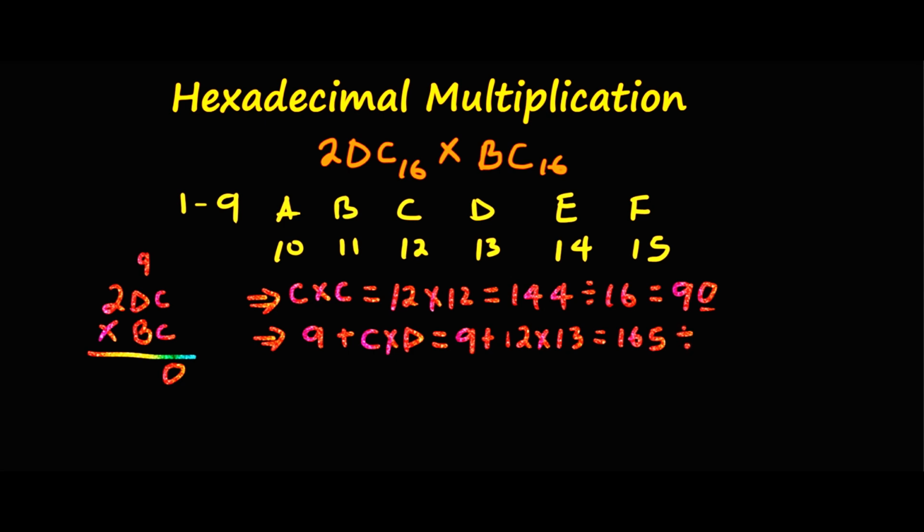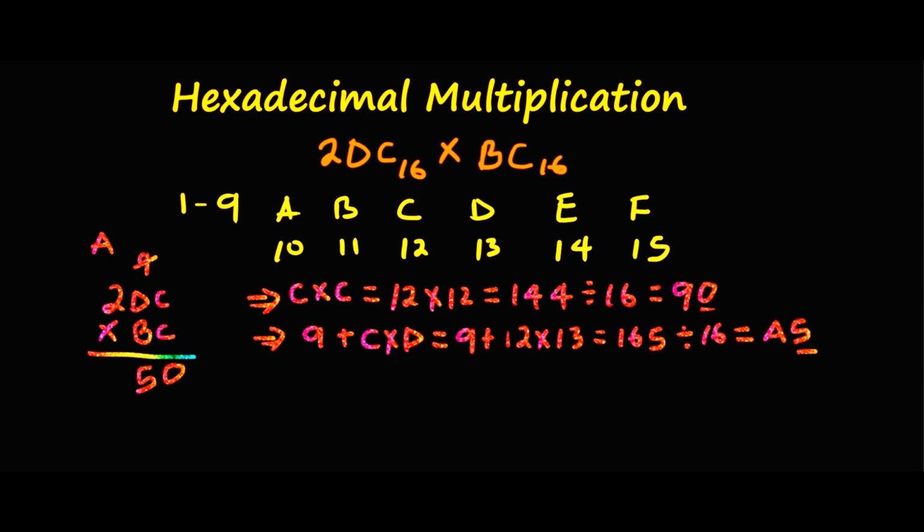Again, you divide this by the base to convert it to base 16. You'll find that 16 goes into 165 10 times, but 10 is written as A, and there's a remainder of 5. So you write this 5 there, and you have A as the carry.